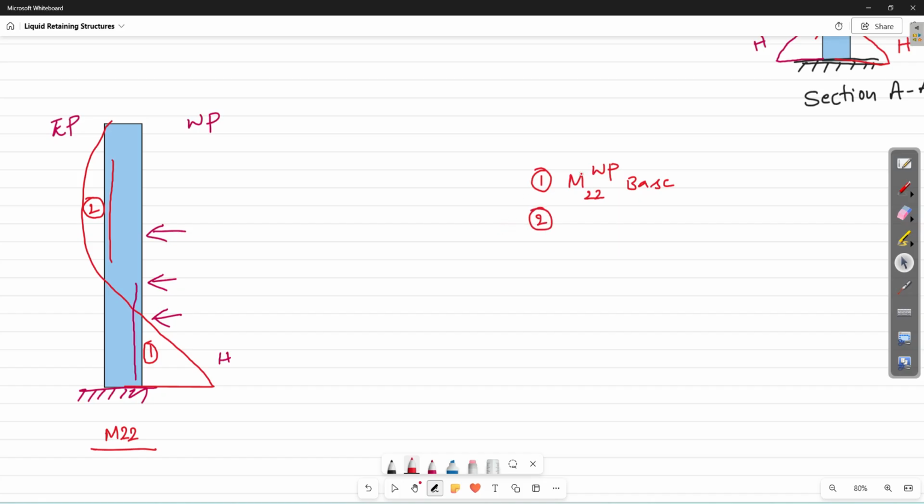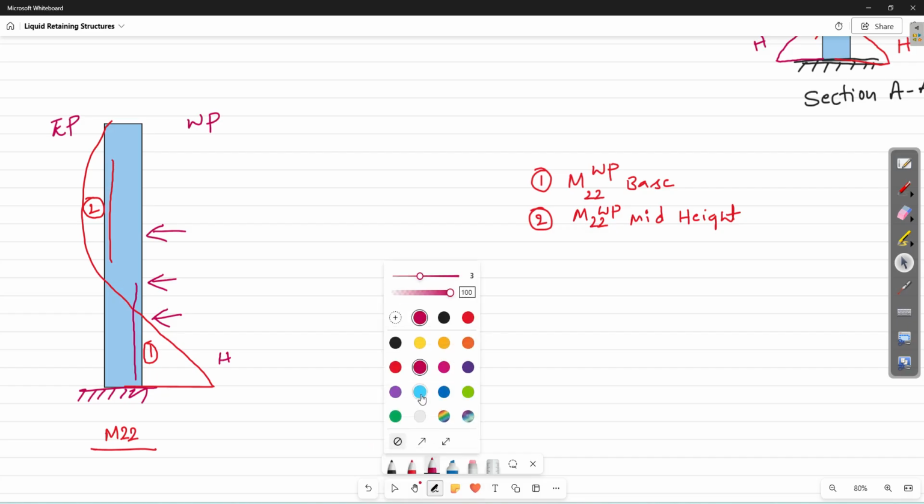Location 2 is again vertical bending M22, because of water pressure, provided at mid height. So this is in case of water pressure.